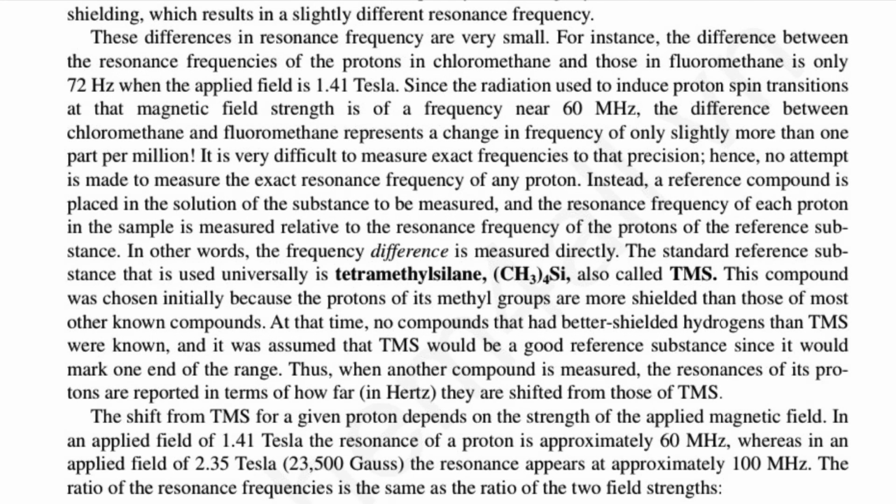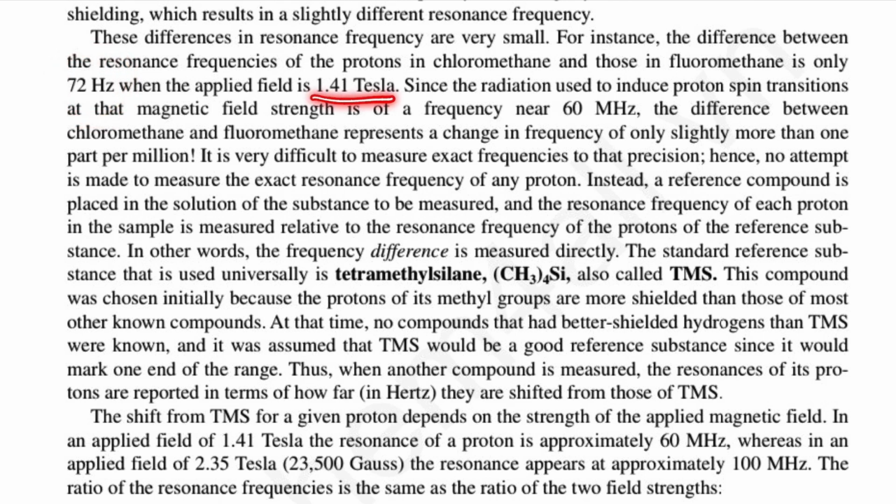Now there is another factor, and we are going towards that, and that is the definition of units. A new term has been devised which is called chemical shift. And what is chemical shift? Just have a background. For example, the difference between the resonance frequency of protons in chloromethane and fluoromethane is only 72 hertz.